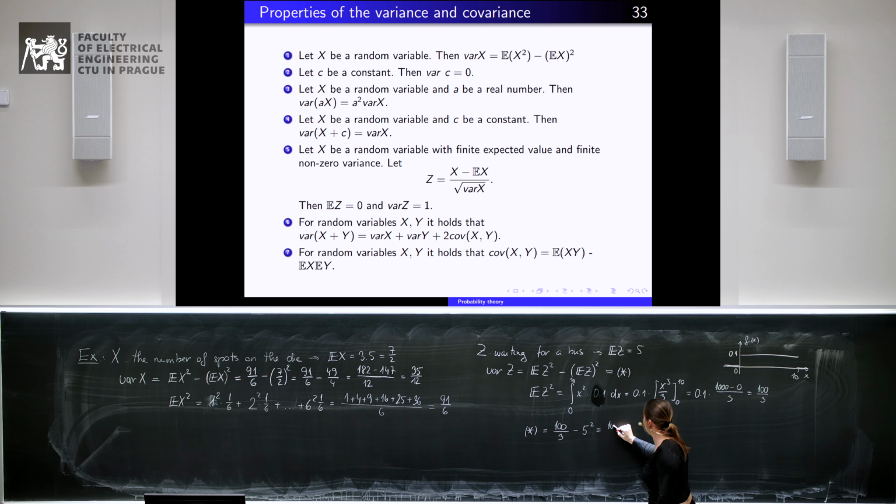So it is 100 over 3 minus 25. So it is 100 over 3 minus 75 over 3. So it is 25 over 3. Yeah? And it is the result. So it is the variance for the random number Z.